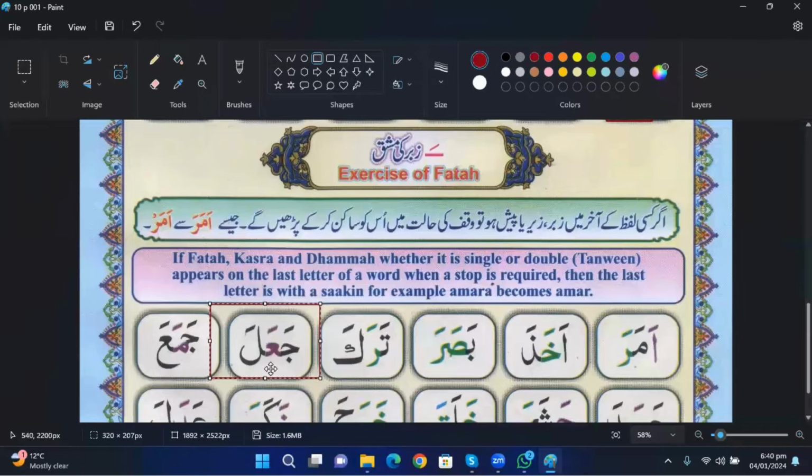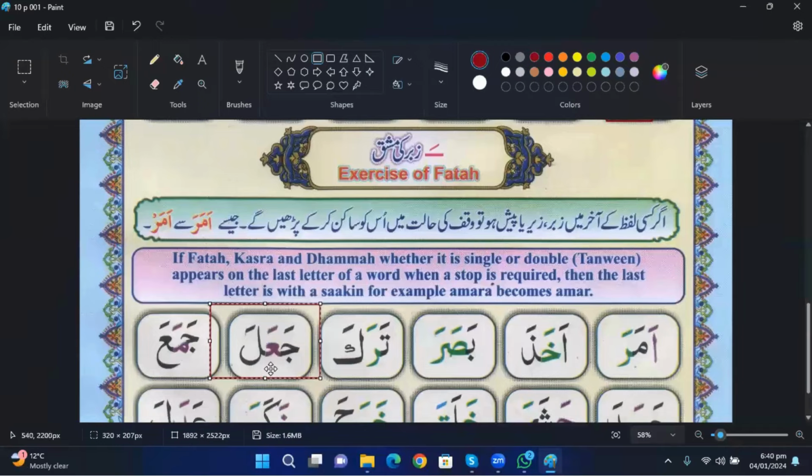Next lesson, our next topic is about Tanween. First of all, you need to explain what Tanween is. Double Fatha, double Kasra, and double Dhamma are called Tanween. Tanween will be read with Gunna sound. So what is Gunna?